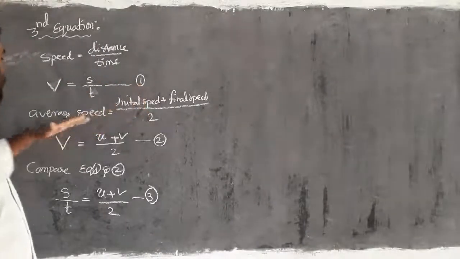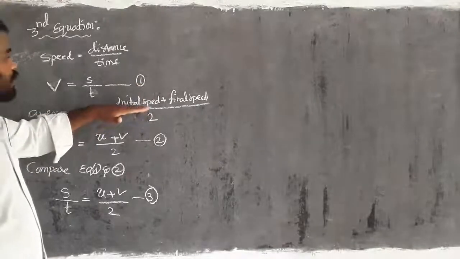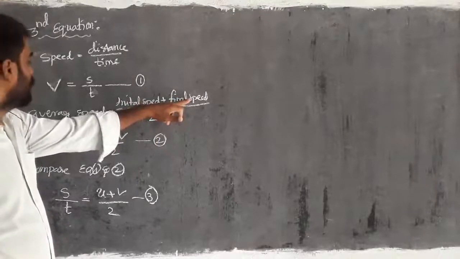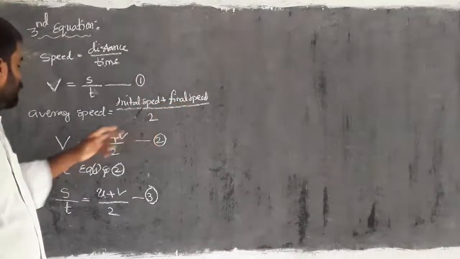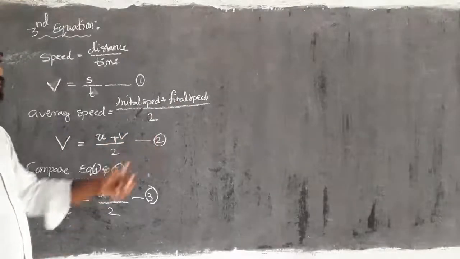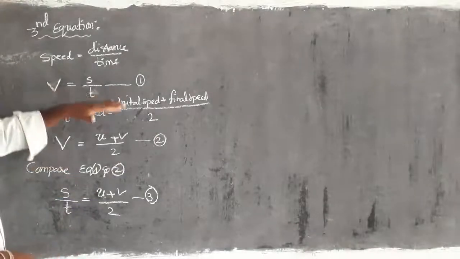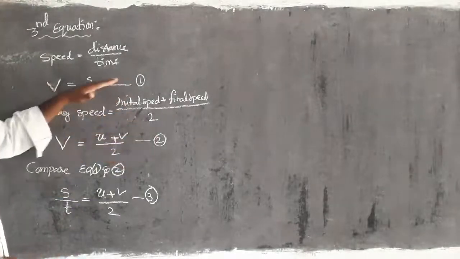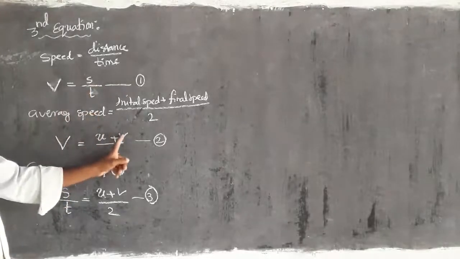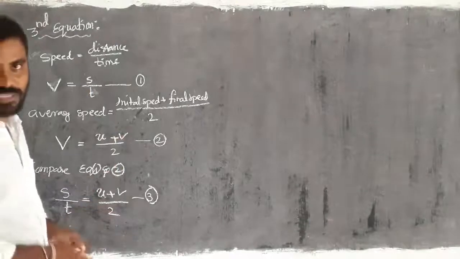Again, you have to take average speed, that is the initial and final velocities added, by 2. Then represent with their respective symbols and consider it as equation number 2. Then compare the first and second equations. Then we can write s by t is equal to u plus v by 2. So consider that as equation number 3.